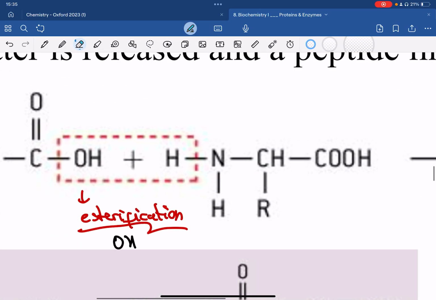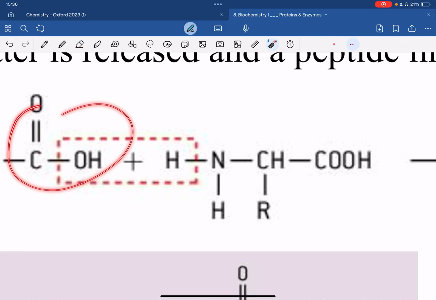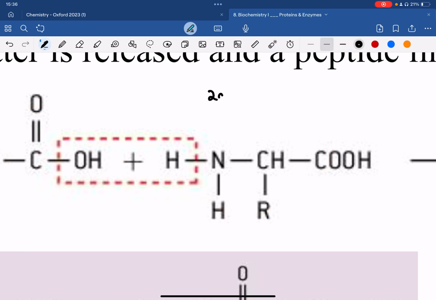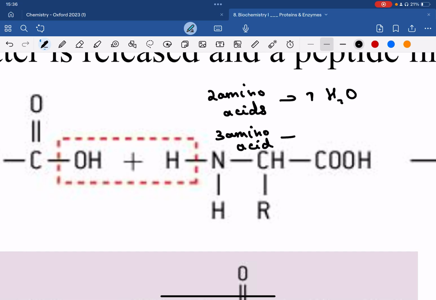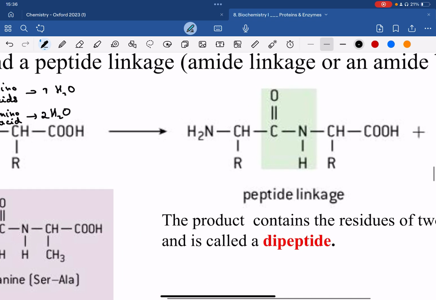And you see, from one H and one OH, we are getting one water. The combination of two amino acids gives one H2O. If we combine three amino acids, then it will be two H2O, and it goes like that. So it's always an N minus one formula.